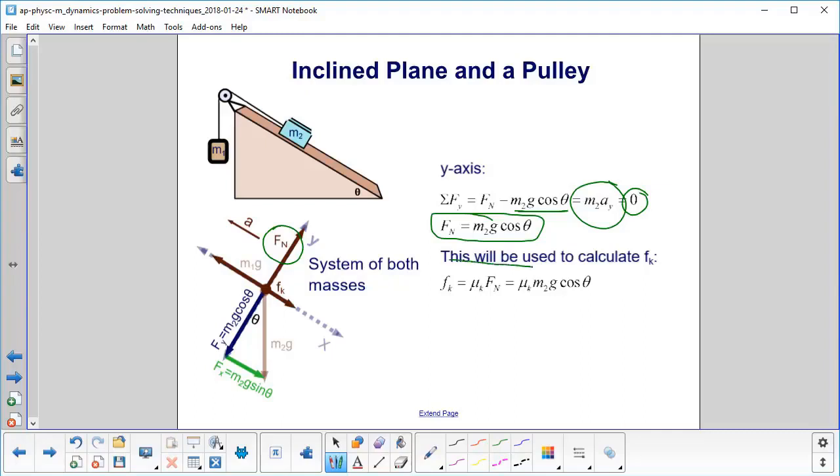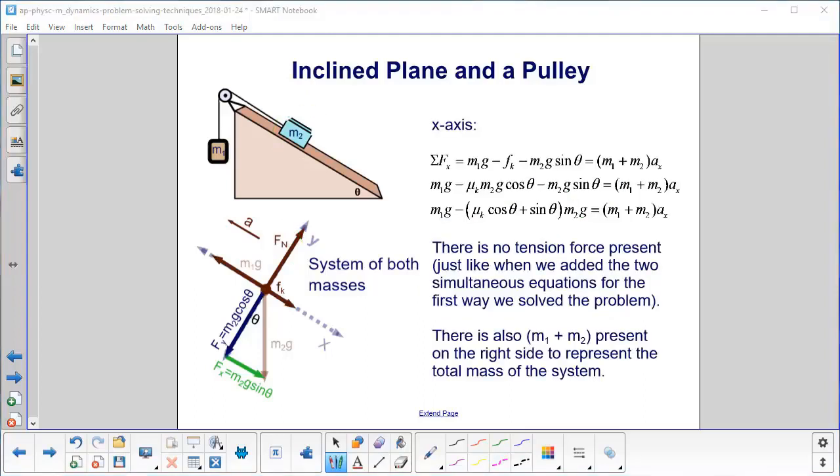So then we can calculate our friction force on the system, which is an external force. Friction is pretty typically an external force, and that's mu k normal, and it's mu k M2G cosine theta, and again, it's only acting on this block right here. Let's move over to the x-axis, and we have our force here, M1G, which is accelerating in that direction.